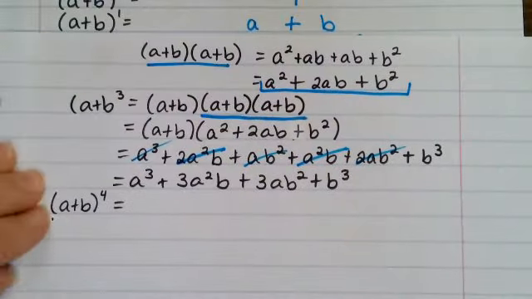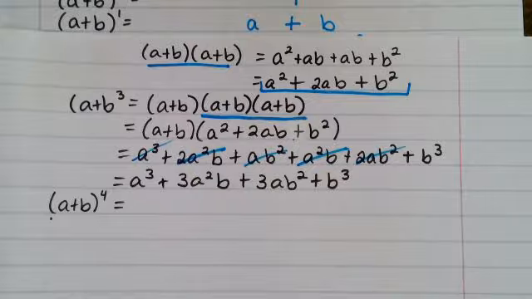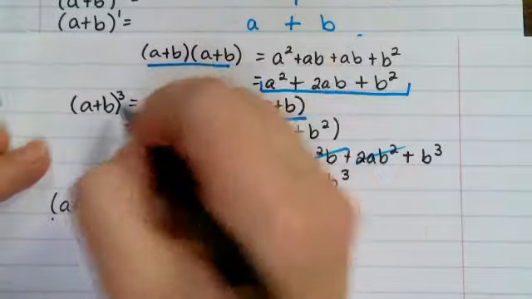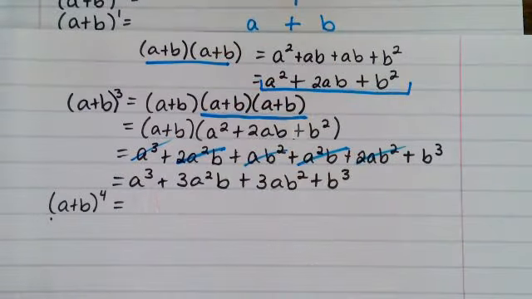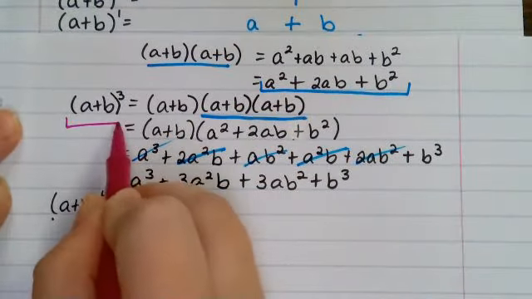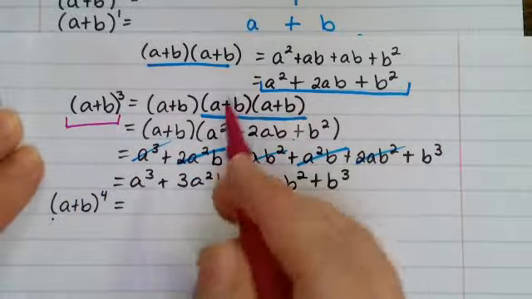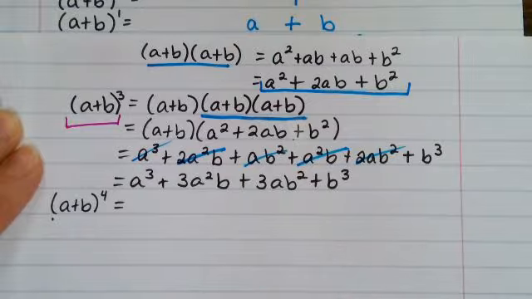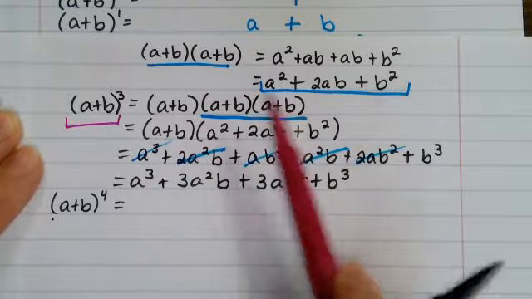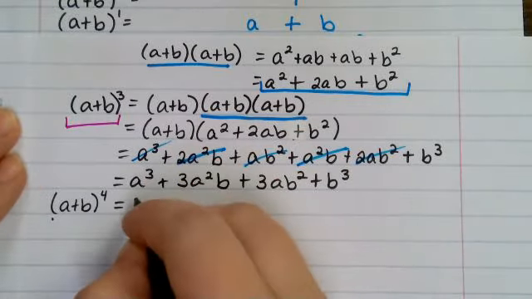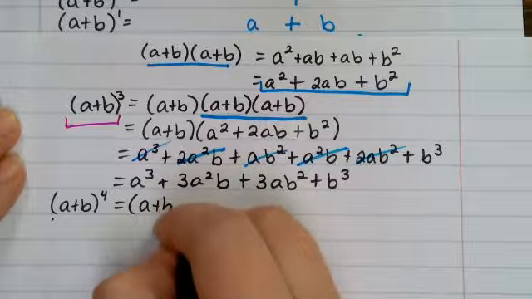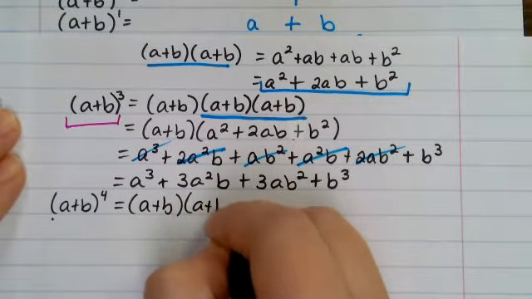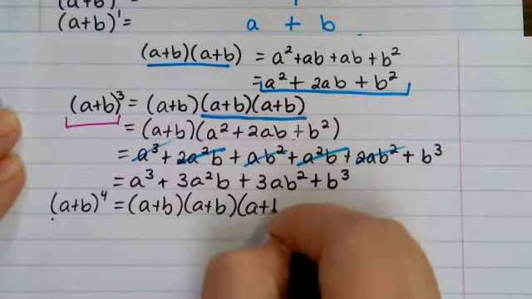Okay, so I'm going to get a different color here. I want you to remember that what we did back here is we had a plus b cubed, right? This was a plus b times a plus b times a plus b. Here I have a plus b to the fourth: a plus b, a plus b, a plus b.